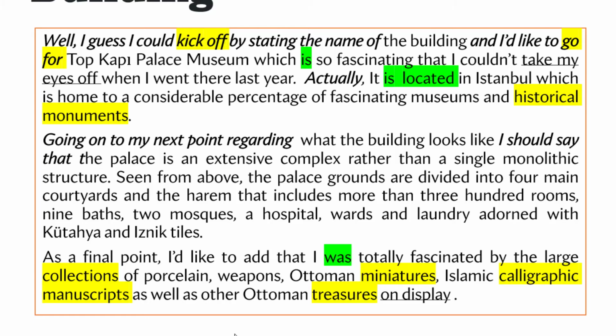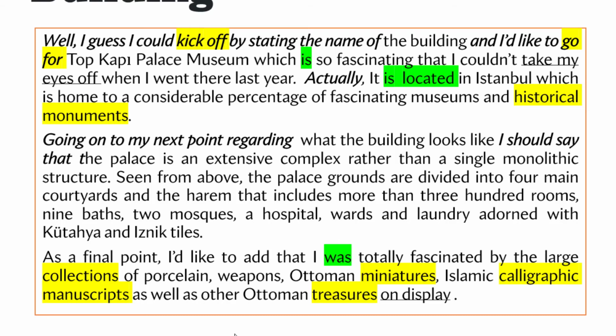Going on to my next point regarding what the building looks like, I should say that the palace is an extensive complex rather than a single monolithic structure. Seen from above, the palace grounds are divided into 4 main courtyards, and the harem that includes more than 300 rooms, 9 baths, 2 mosques, a hospital, wards, and laundry adorned with Kütahya and Iznik tiles.